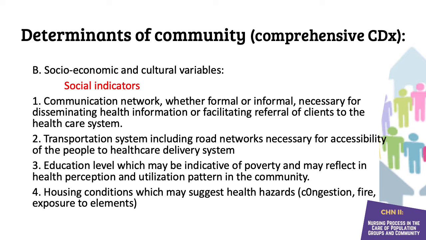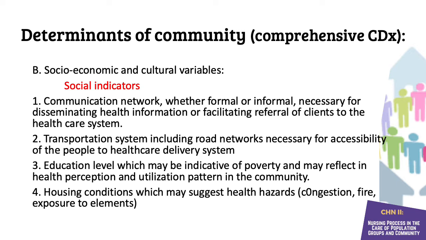So another social indicator is education level, which may be indicative of poverty and may reflect in the health perception and utilization pattern in the community. Okay. So those patients in our community who have not attained much education, let's say, who did not go to school, sometimes they cannot be given correct health information or they believe certain things regarding health or the health condition of their family.